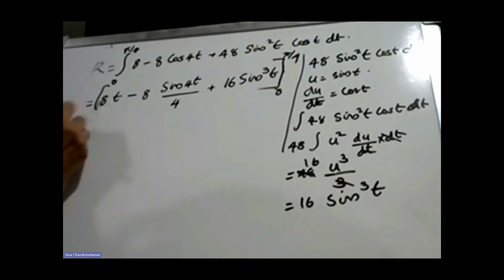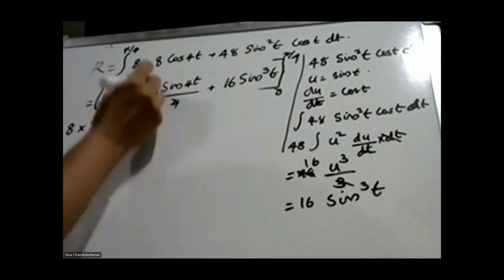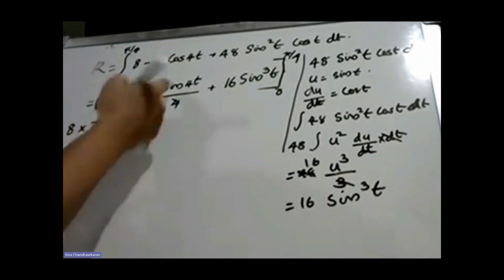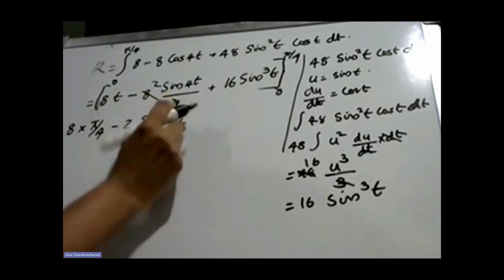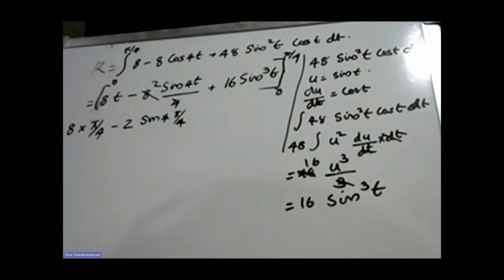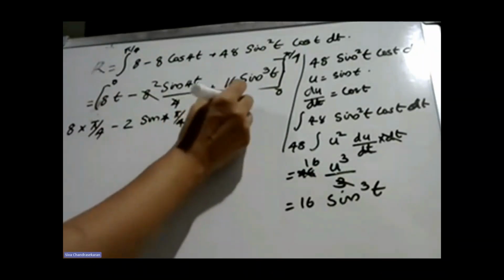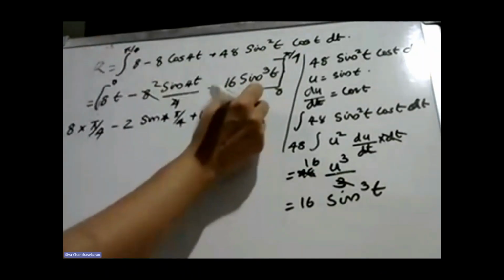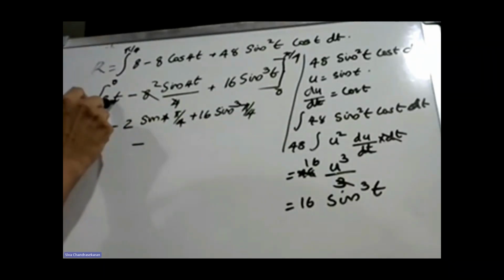So this is 8 when t is equal to pi by 4, 8 times pi by 4, minus 2 sine 4 pi by 4, where 4 and 4 get cancelled, which is equal to sine pi, plus 16 sine cube pi by 4, minus the terms at 0.